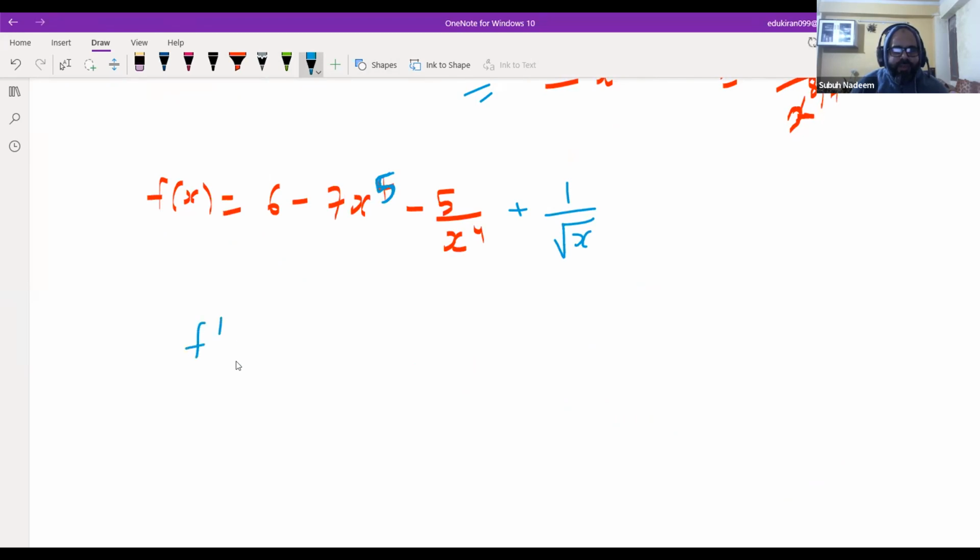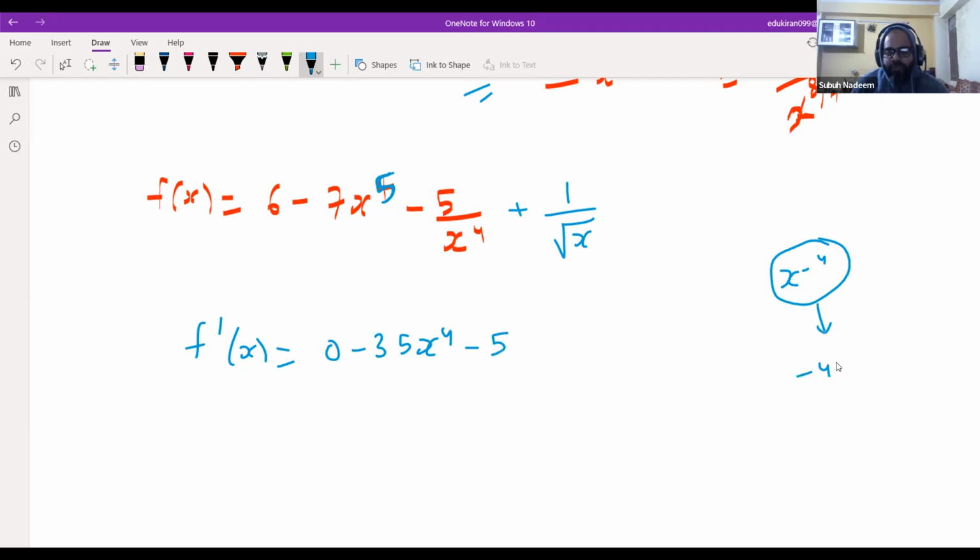So when we differentiate it, this will be 0. This, you told, minus 35x to the power 4. This x to the power minus 4, when you differentiate it, minus 5 is outside, it is a constant. Minus 4, you will get minus 4 x to the power minus 5. So this will become minus minus plus 4 into x to the power 5 in the denominator.